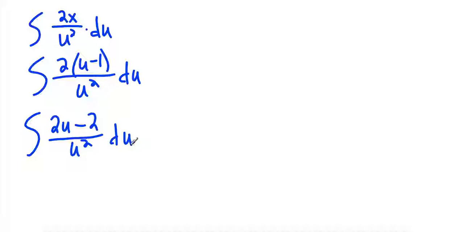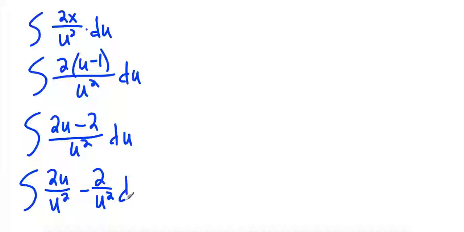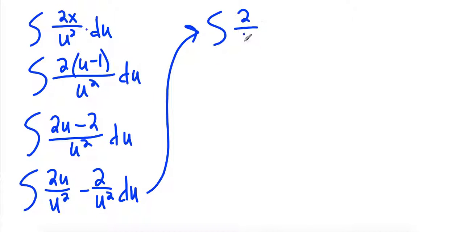Now, I don't want to do another u substitution because I don't have to. I'm going to split this into two things. This is 2u over u squared minus 2 over u squared. One of those u's cancels, so this is going to become 2 over u minus 2 over u squared, which is just 2u to the negative 2.